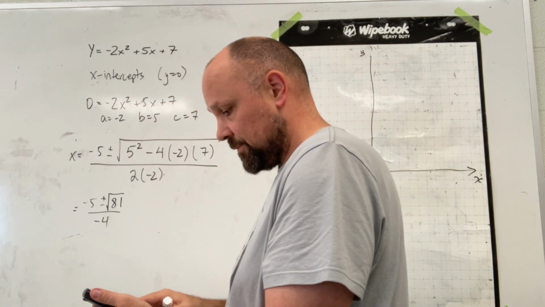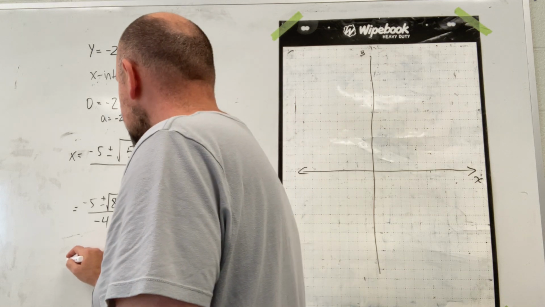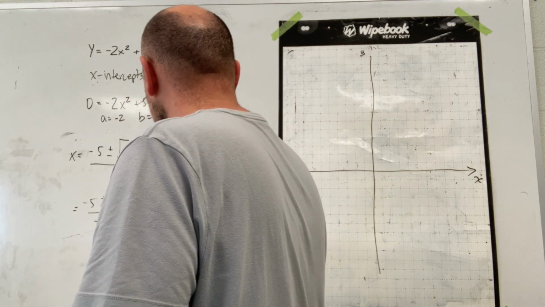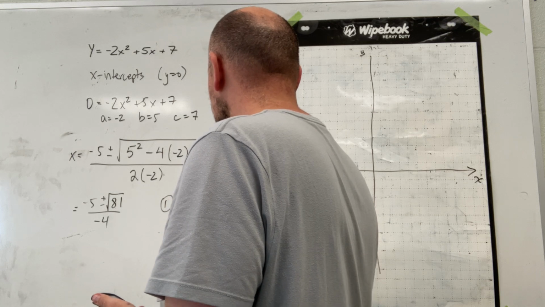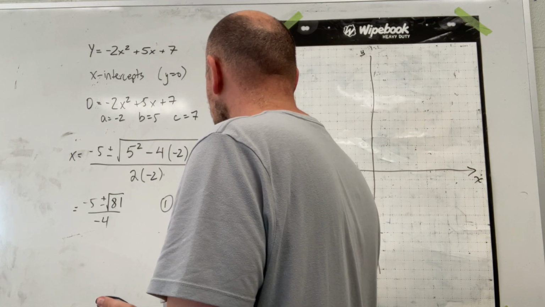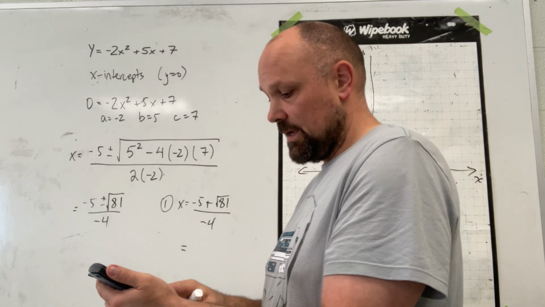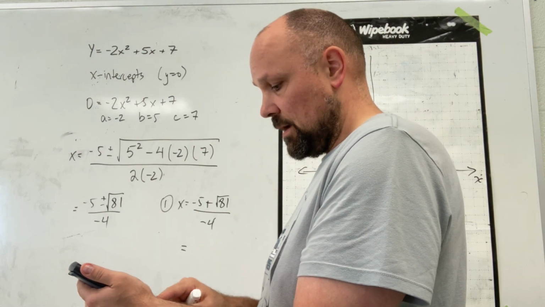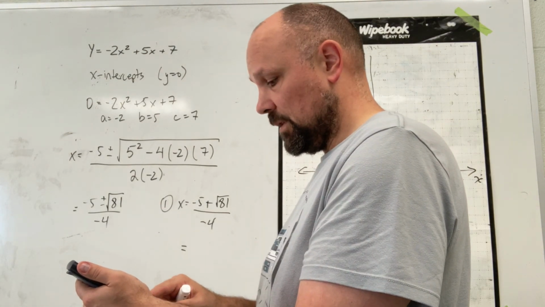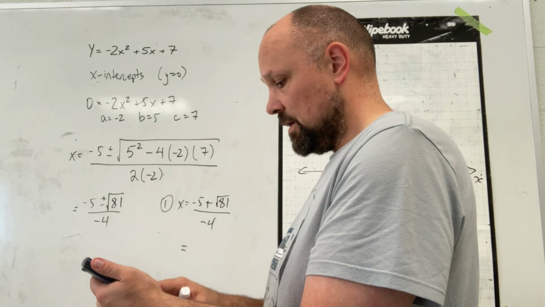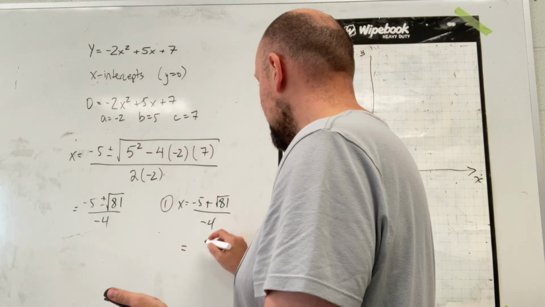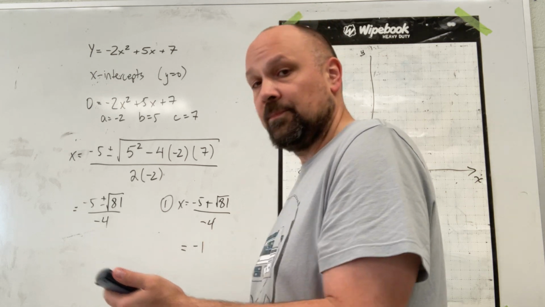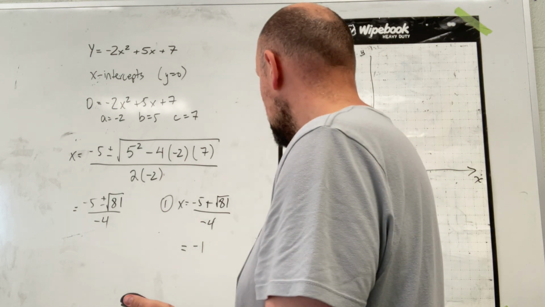But what we then get is that one solution is x equals -5 plus root 81 divided by -4, and I get -1 as one of the solutions.